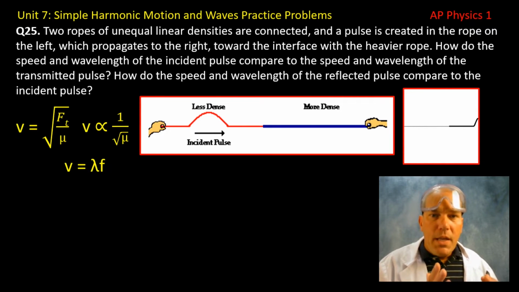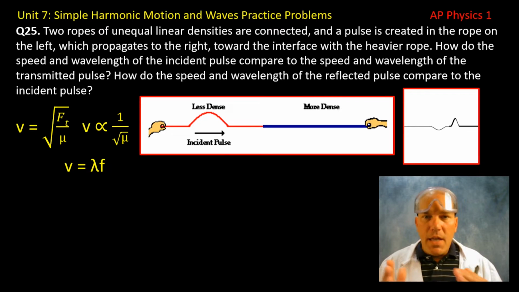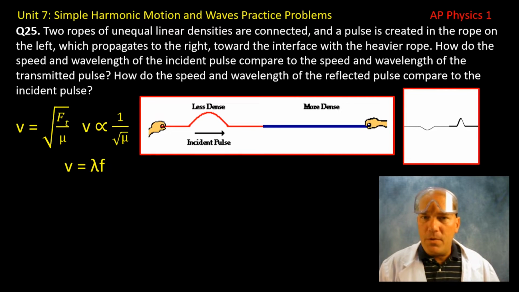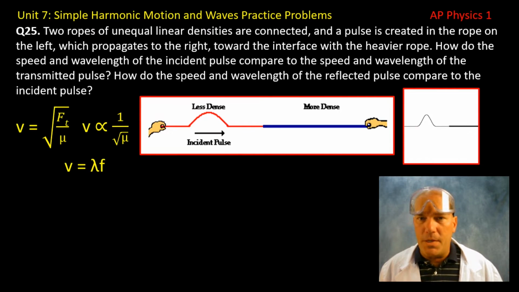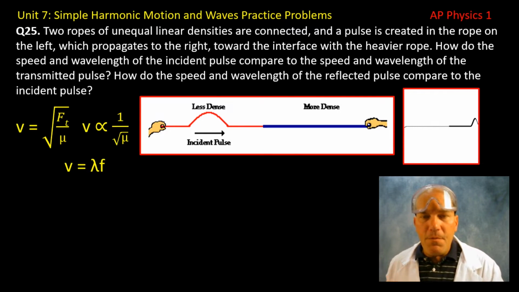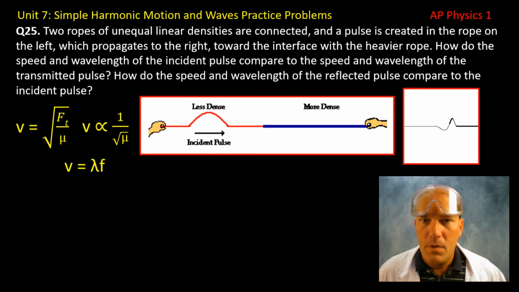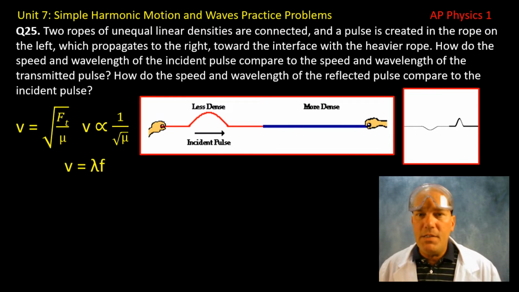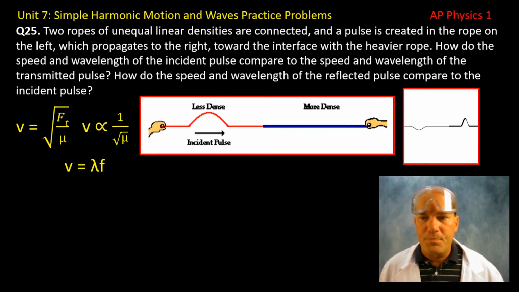Now, when a pulse enters a new interface at the wave boundary or the pulse boundary, if that new medium is denser, the pulse that reflects is inverted. In this case, it's entering a more dense medium, so our reflected pulse is inverted.